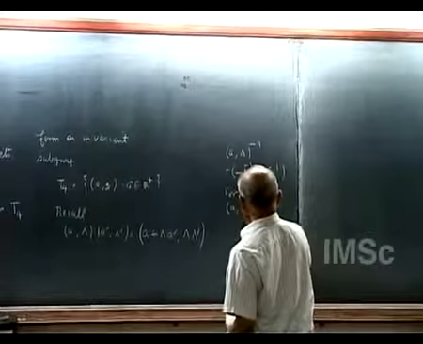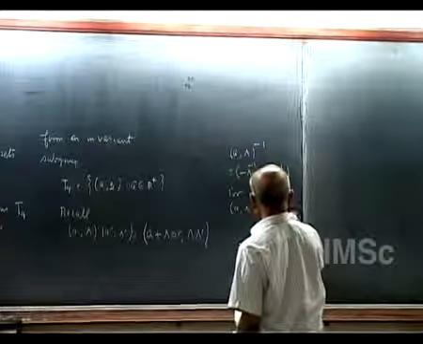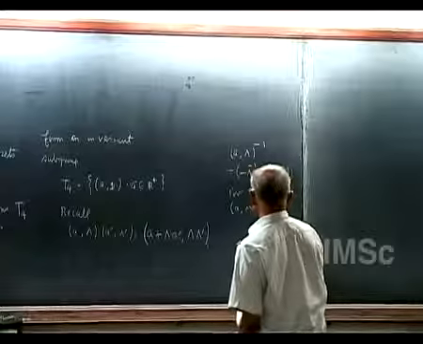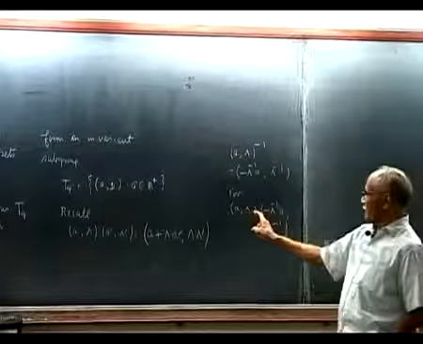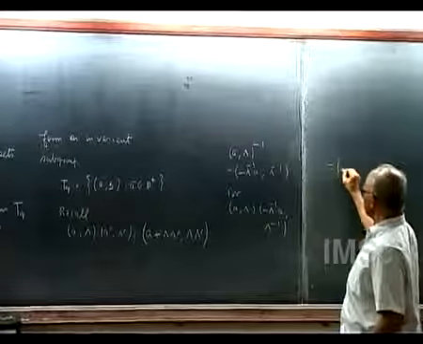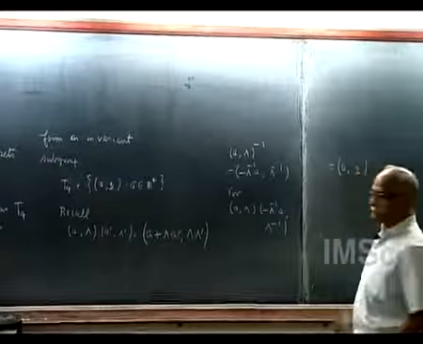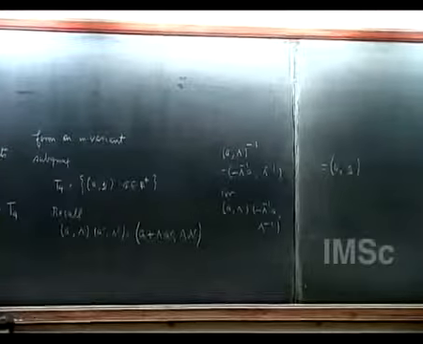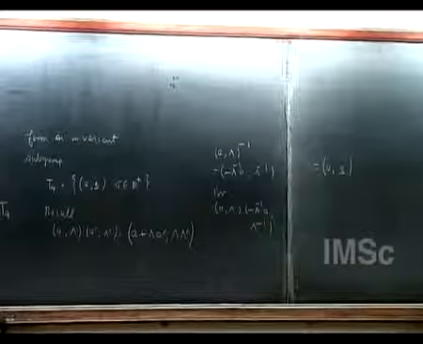(A, lambda) times this object, (minus lambda inverse A, lambda inverse), is A plus lambda acting on this, which is 0, and then you get 1. Okay. So, this is the inversion.